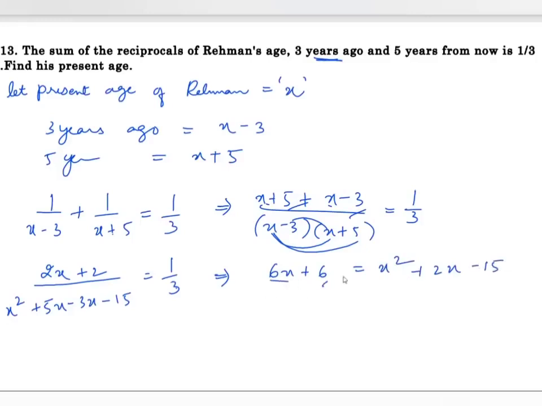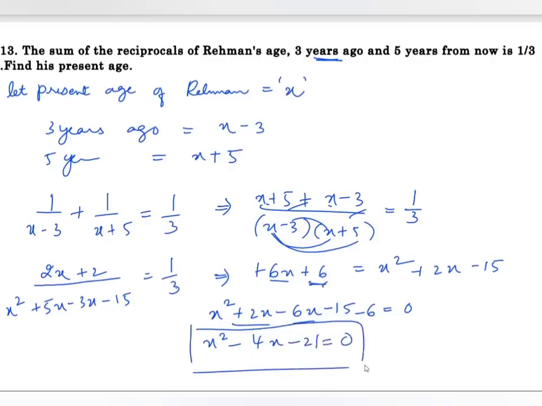Now shift all the terms to the RHS. x square plus 2x, plus 6x after shifting becomes minus 6x, minus 15 plus 6 after shifting becomes minus 6, equals 0. Now x square plus 2x minus 6x is minus 4x, and minus 15 minus 6 is minus 21, equals 0. It is the required quadratic equation.